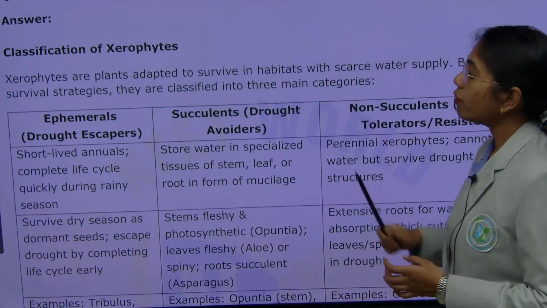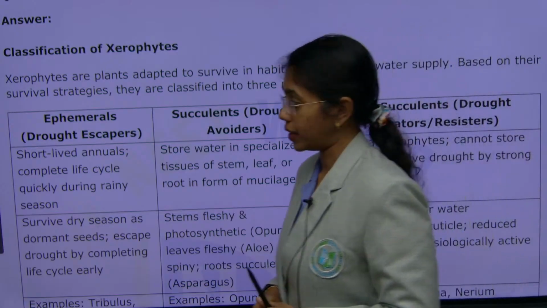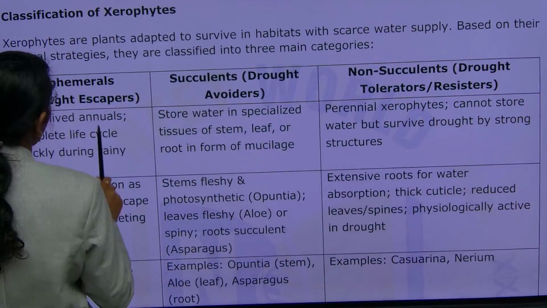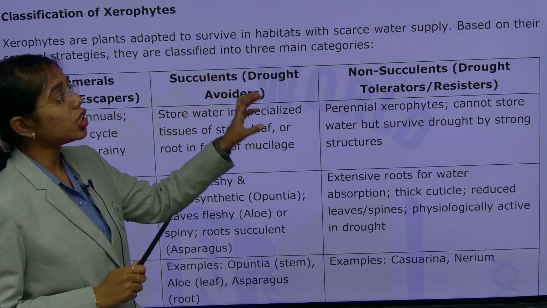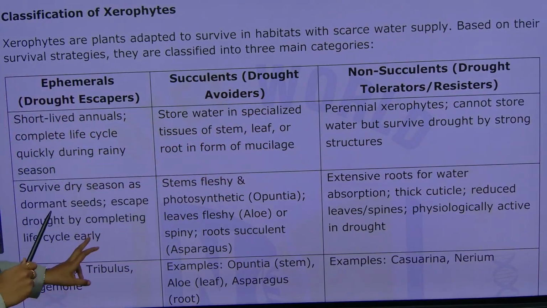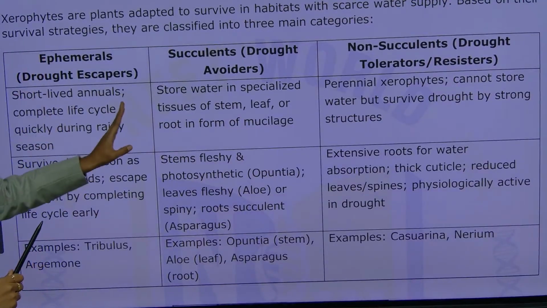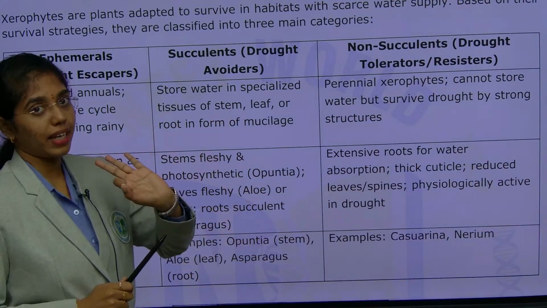So here, classification of xerophytes. Xerophytes are plants which are adapted to survive in habitats with scarce water supply. Based on their survival strategies, they are classified into three main categories.